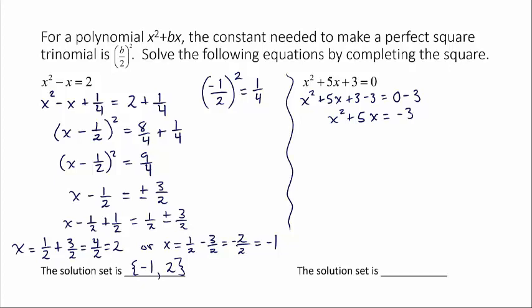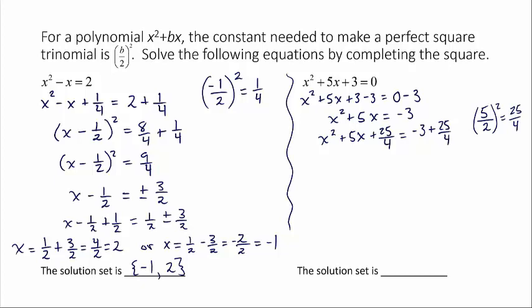If I'm going to complete the square on that, the coefficient in front of x is 5. That's the b value. So I have 5 divided by 2 squared, which is equivalent to 25 over 4. That's what I have to add to both sides of the equation. I'm going to have x squared plus 5x plus 25 over 4 equal to -3 plus 25 over 4.